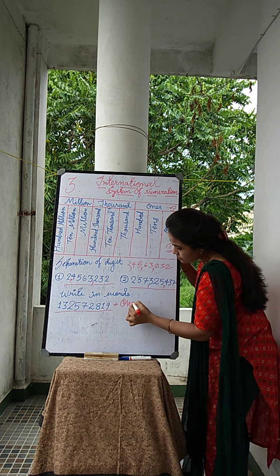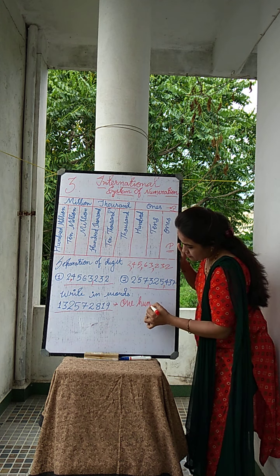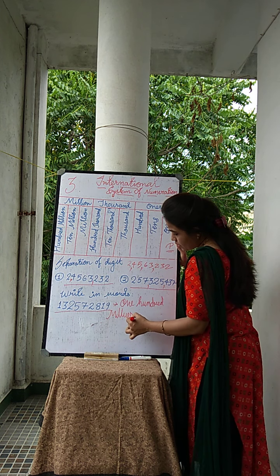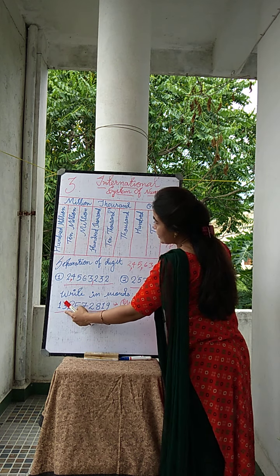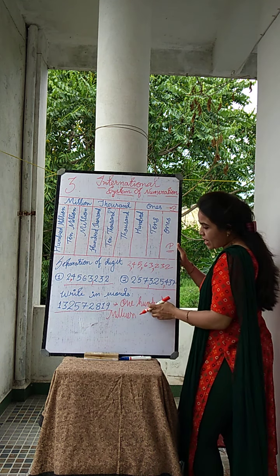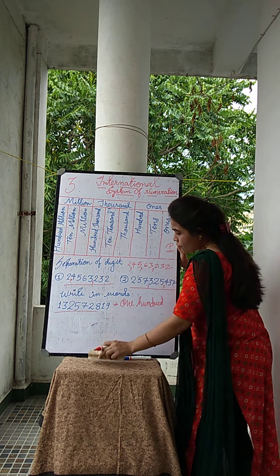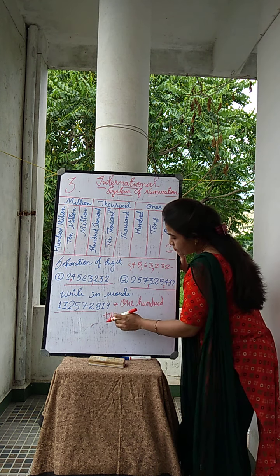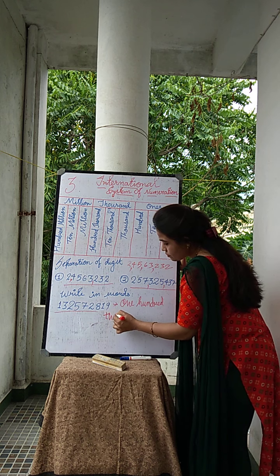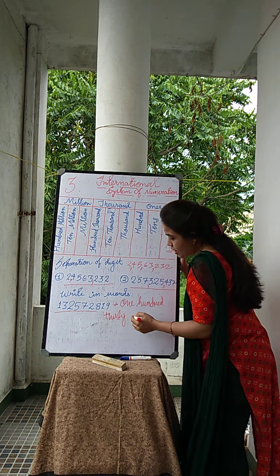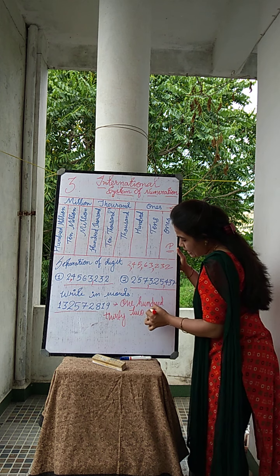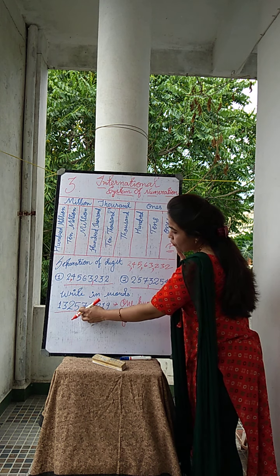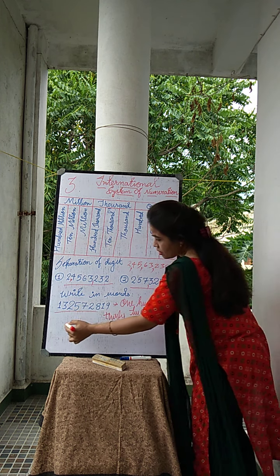So 100 million, 32 million. Then we have 500.